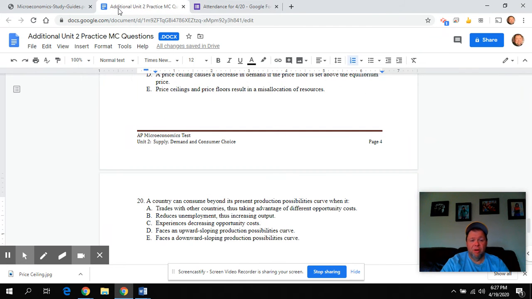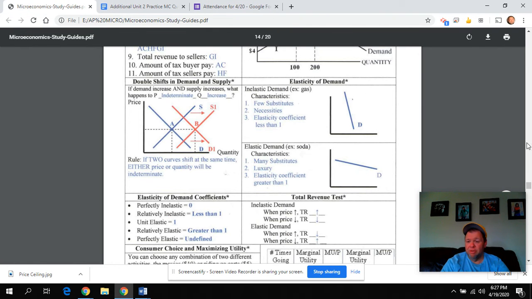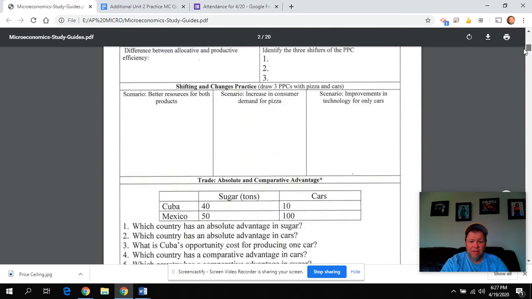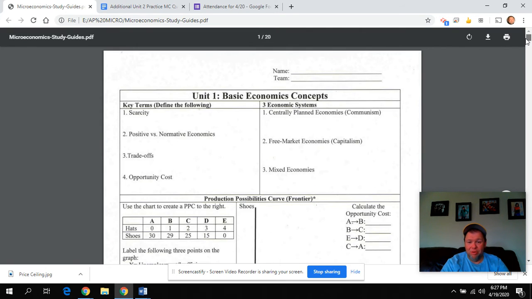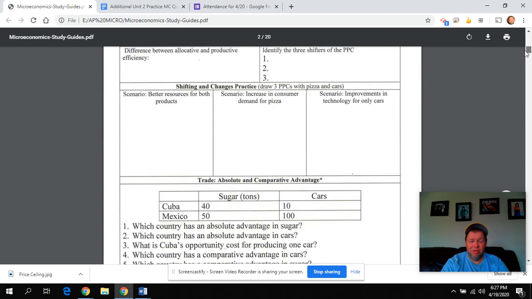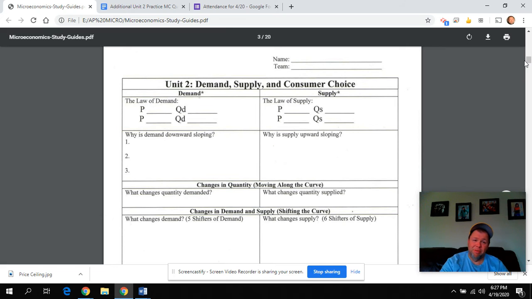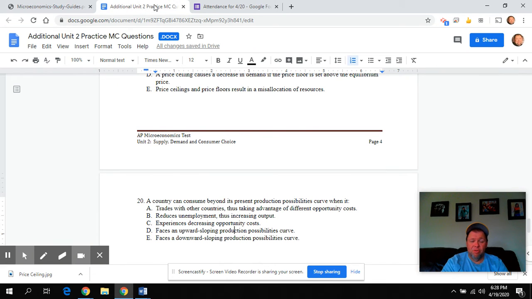So for tomorrow, starting micro. Once again, I've given you the blank sheet. If you want to go back over and do the basic stuff again and make sure you can get it, there it is. But we're really concerned about Unit 2. Answer the 20 multiple choice questions for Wednesday. Just highlight the answer and turn it in.